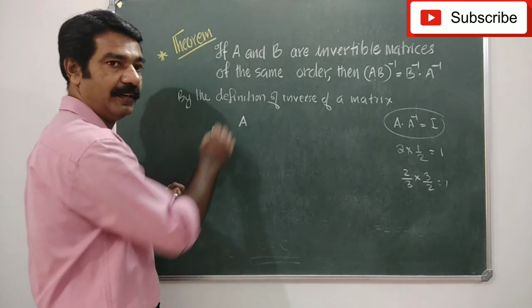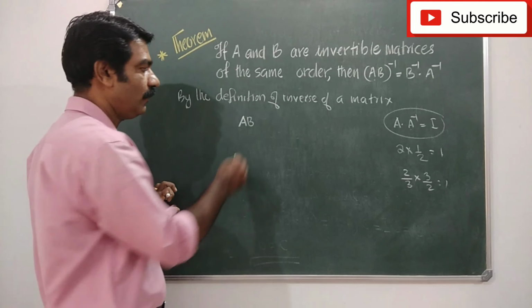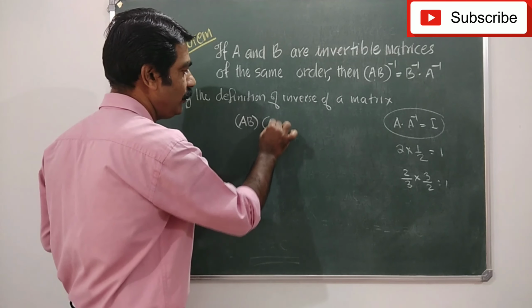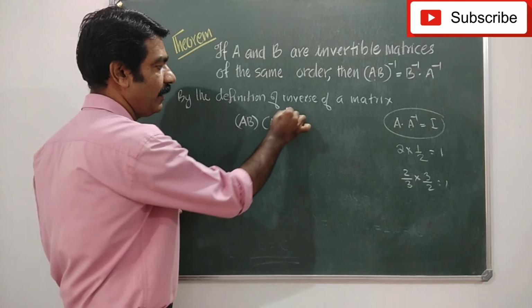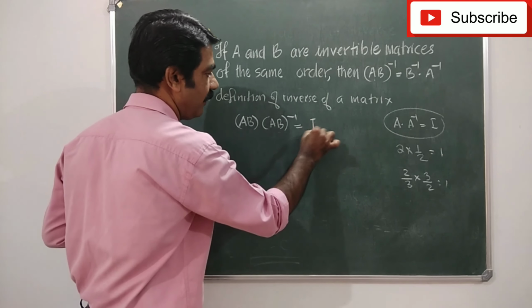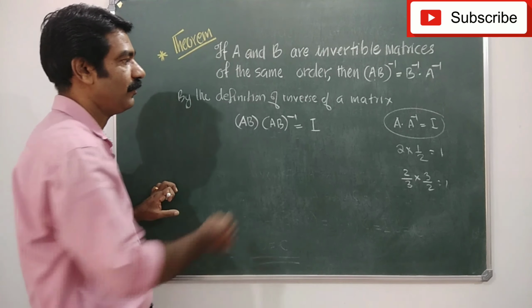Similarly here, AB is a matrix. So AB into AB inverse is always I, by the definition of inverse of a matrix. This is an equation now. Now we multiply both sides by A inverse.